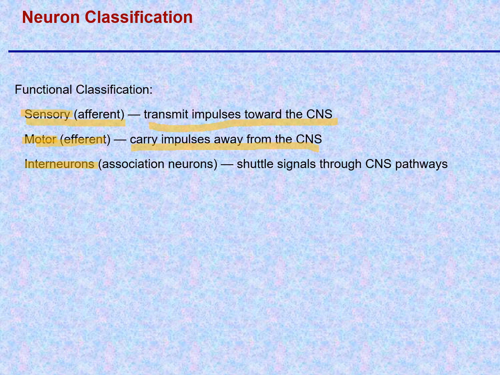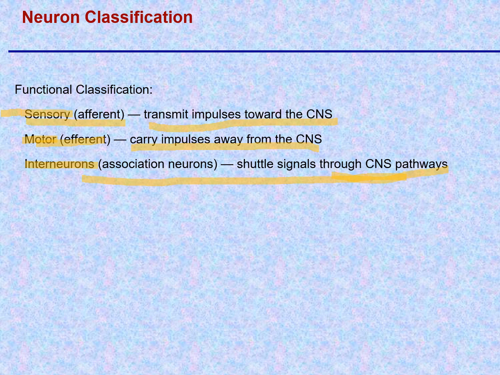Interneurons will shuttle signals through different pathways within the central nervous system, once those sensory signals come in.